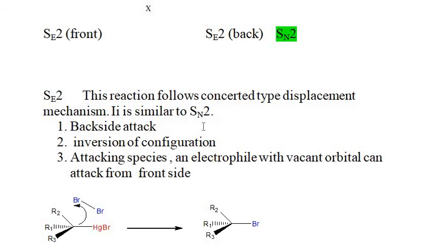Regarding the type of mechanism or type of displacement, it is similar to the SN2 reaction mechanism. In the SE2 reaction mechanism, backside attack is possible, so inversion of configuration occurs. Also front side attack is possible.